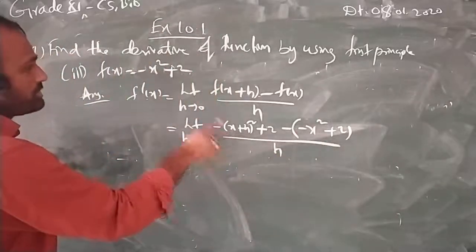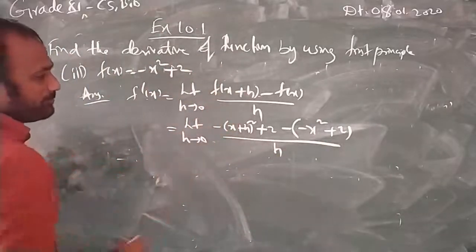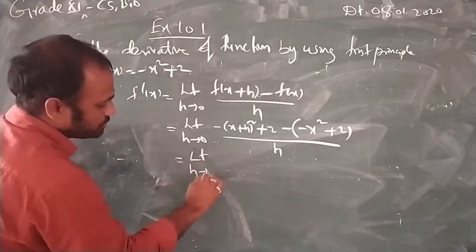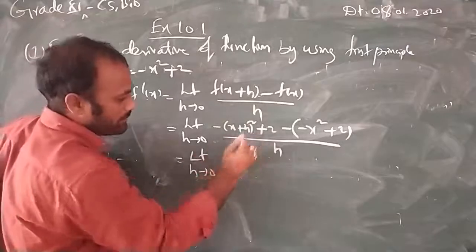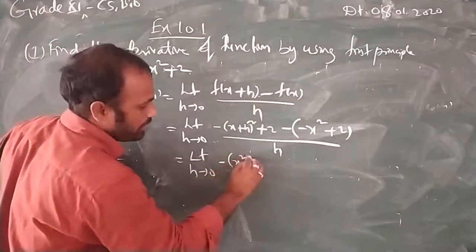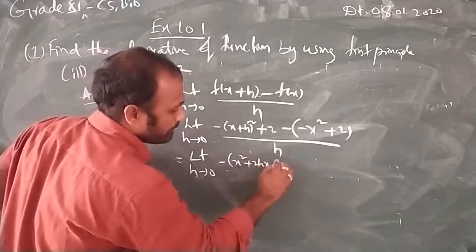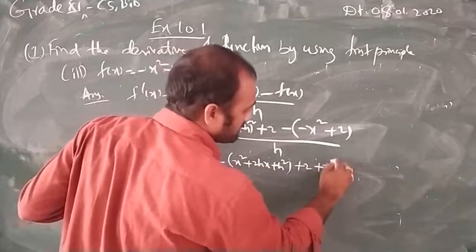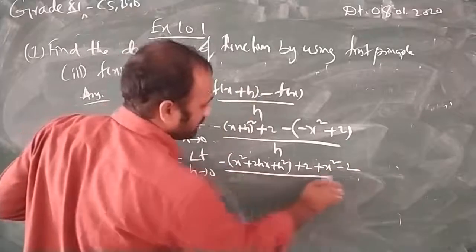So wherever you see x, you have to put x plus h. So the next is limit h tends to 0. It is in the format of a plus b whole square, so a square plus 2ab plus b square plus 2 plus x square minus 2 divided by h.